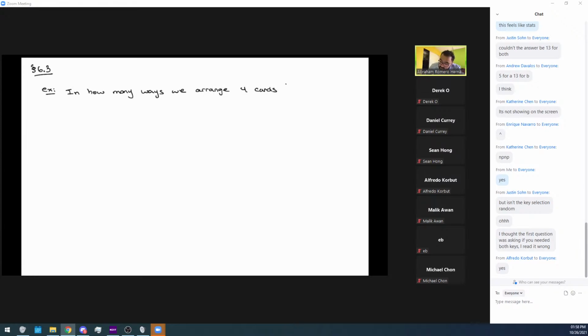And the cards that I'm talking about are hearts, clubs, spades, and diamonds, in 3 spots.